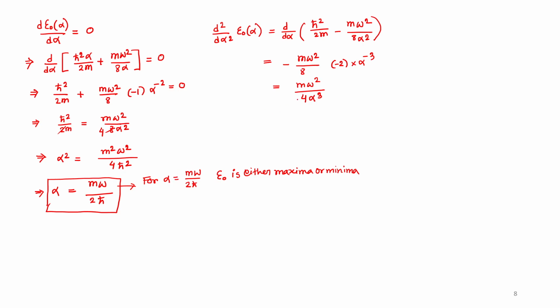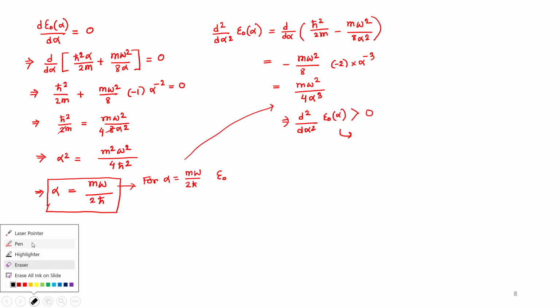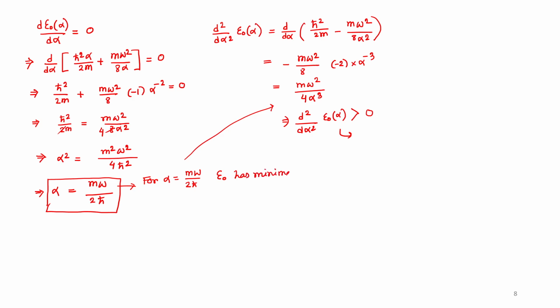So if you put this value of alpha there, you are going to get d2 epsilon by d alpha square positive. That tells us that it is not a maximum. So actually it is going to have a minimum at that point. So we know it from here.